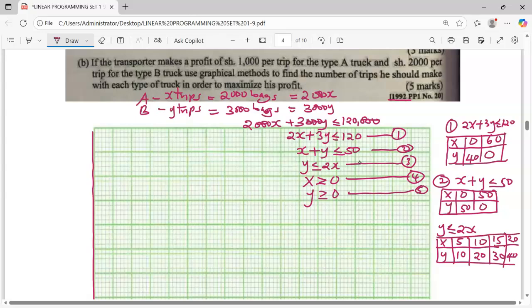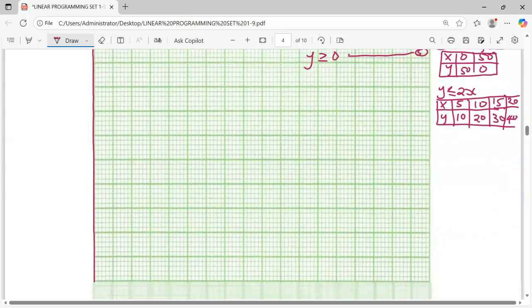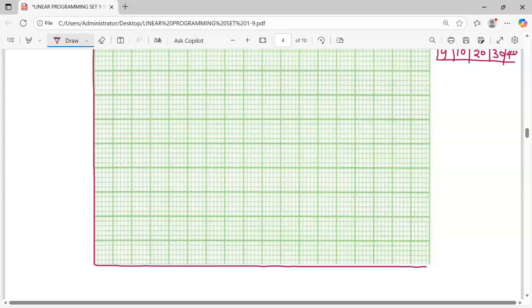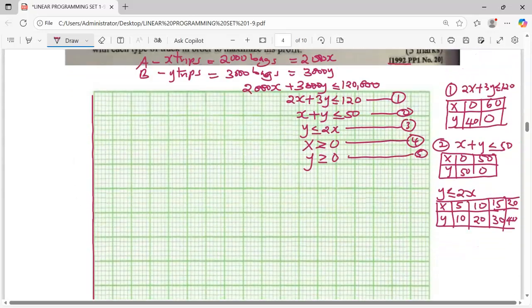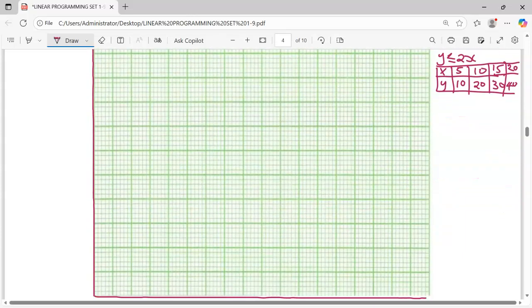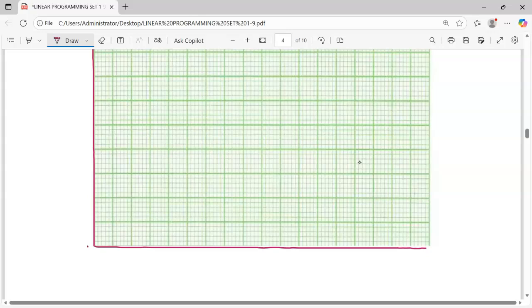At this point now, we are going to draw our graph. The highest value we have from the table is 60 on the x-axis and 40 on the y-axis. And therefore, we can use a scale of 1 centimeter to 10 units. This is 0 here.